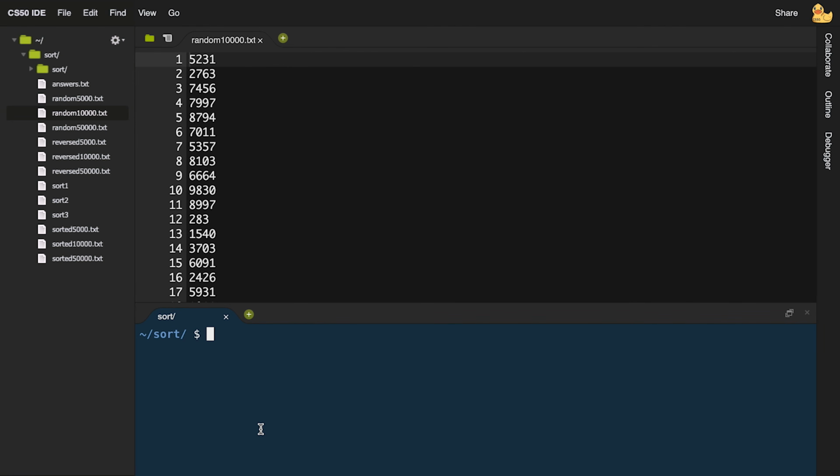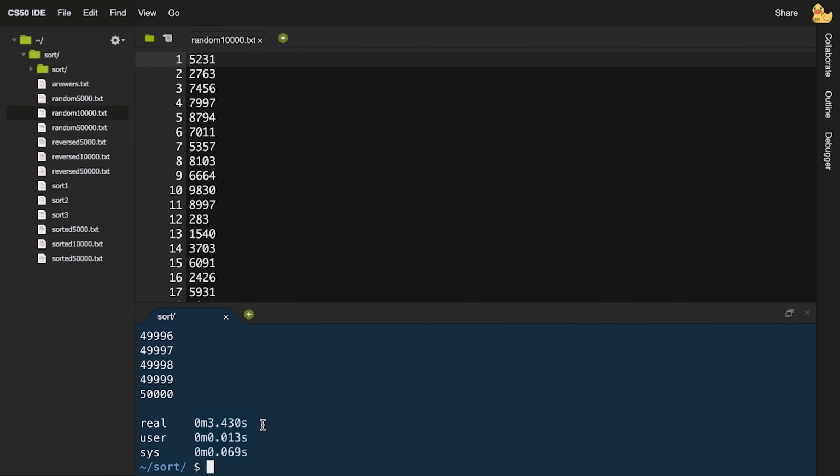The biggest file that's all in sorted order we have is sorted50,000.txt with 50,000 numbers, each of which is in sorted order. And let's try timing sort1 on that sorted50,000.txt file and see how long it takes in order to sort all of those numbers and print them out as well. It looks like it took a little over 3 seconds for sort1 to be able to sort and then print all of those numbers, recognizing that it's going to take some time to print 50,000 numbers to the terminal as well.